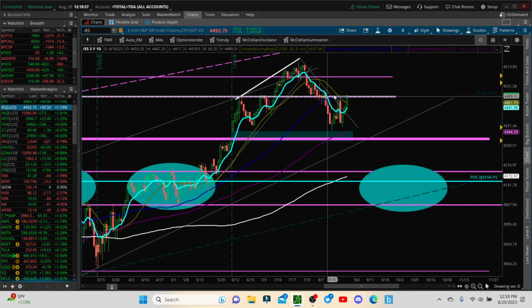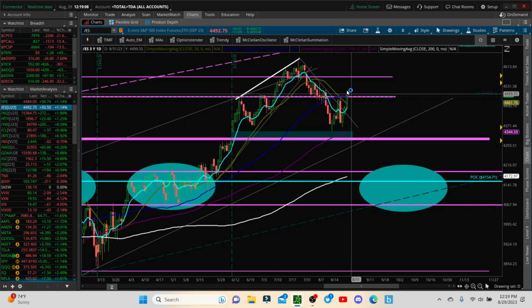We do think it's going to push through, but what I suspect is on this daily, we'll get a topping candle in this next zone. So we may pause here for the day. We may push higher. I don't know. But tomorrow, or leading into the rest of the week, I really suspect that tomorrow we're probably going to get some sort of topping candle.